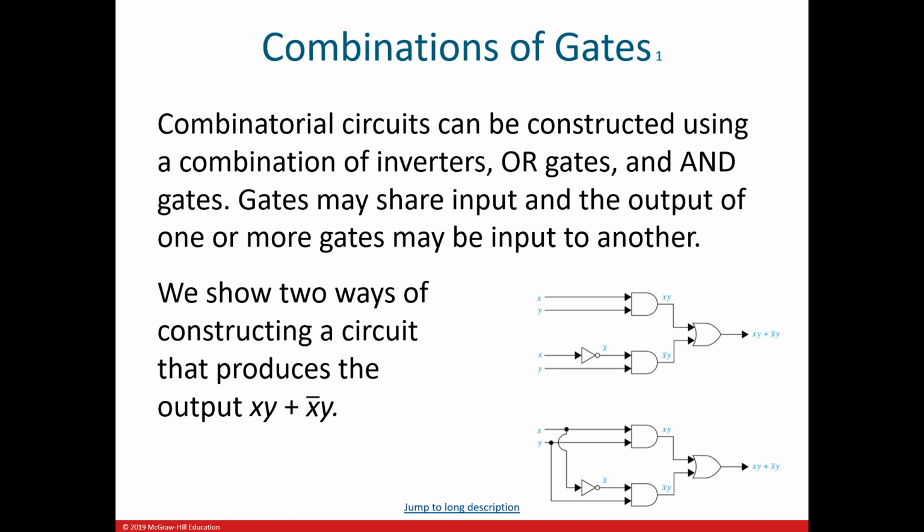Now whenever we have different Boolean expressions, we need to use a combination of the gates to show the expression. So here are two different ways of constructing a circuit that produces xy sum x complement y. So how can we generate this? Now xy is an AND gate, a product.